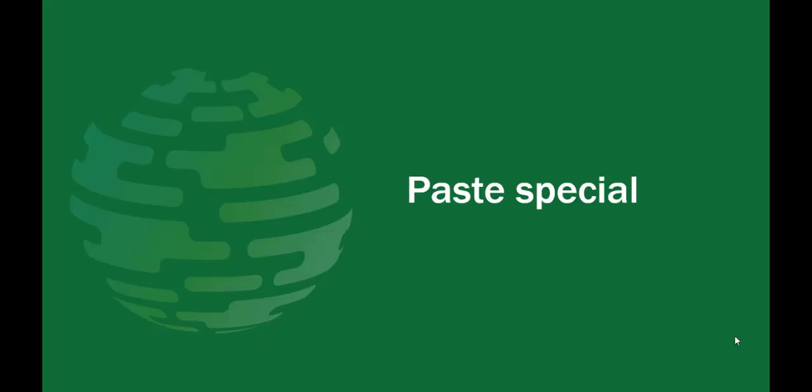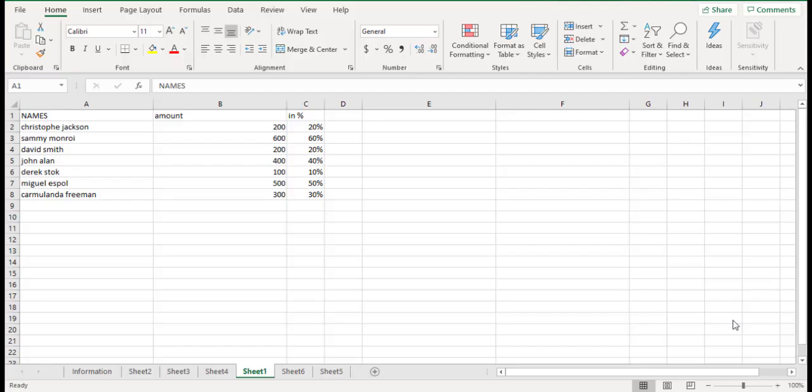Trick number 12 is the paste special option. Paste special is useful if you have to copy formulas in the data. And over here I have percentages.